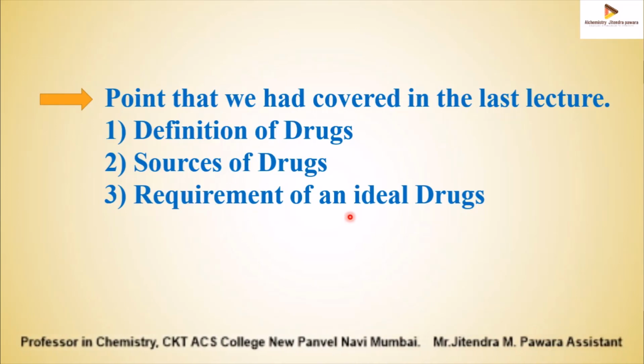Then the next point that we learned in the last lecture is requirement of an ideal drug. There are some requirements for an ideal drug. The first requirement is that the drug should have localized action at the site where it is desired to act, but in actual condition there is no drug which behaves in this way; drugs generally tend to distribute themselves anywhere in the tissue of the host.